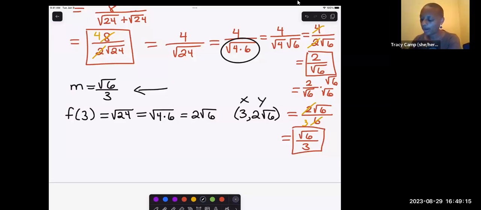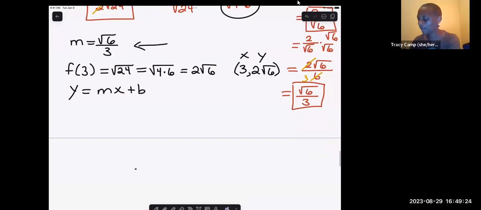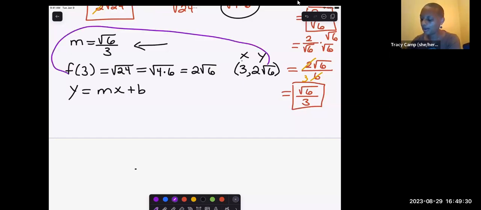And then I'll use y equals mx plus b, and back to algebra, find the equation of the line, right? So I'm going to plug in the 2 root 6 from my y. At this point, I'm trying to find out what my b is. I'll plug in root 6 over 3 for my m.